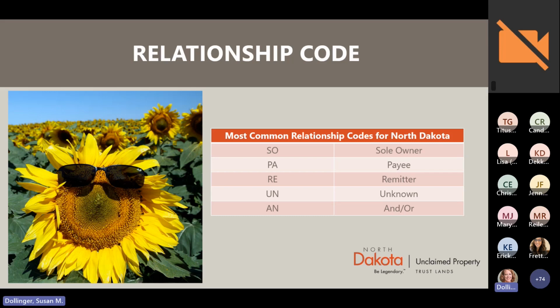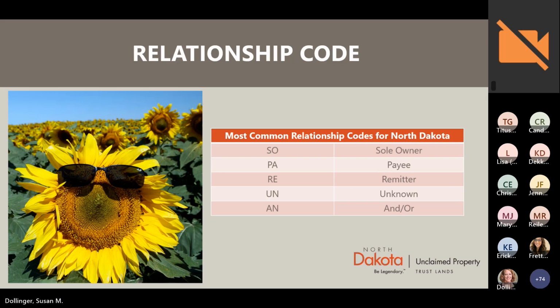If you have more than one owner, the relationship code for both owners is AN, meaning and. In other words, if you have an uncashed check payable to John and Mary Smith, both John and Mary should be listed as owners, and both of those owners would have a relationship code of AN.